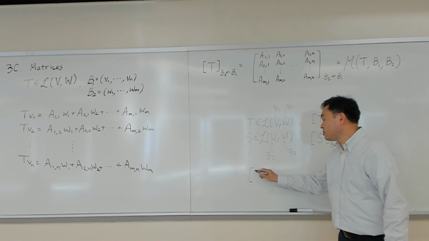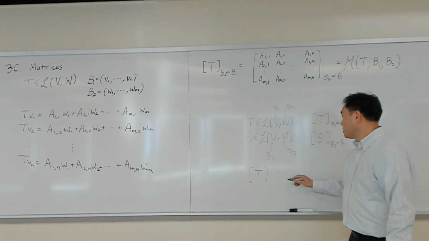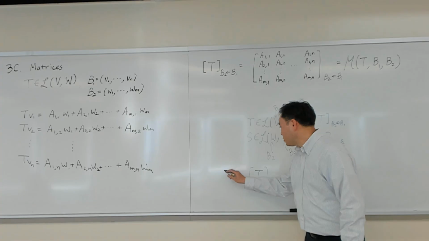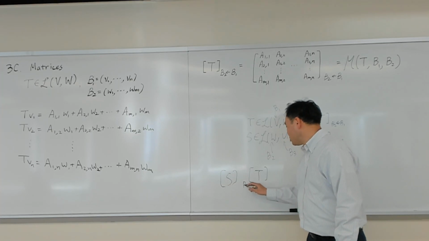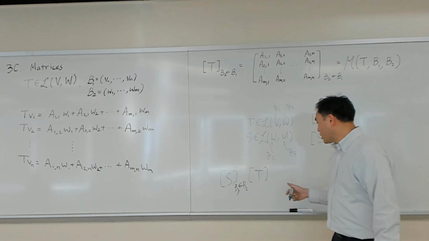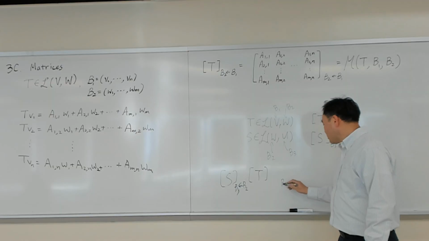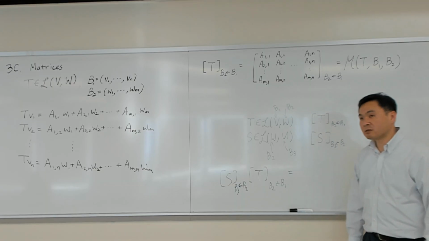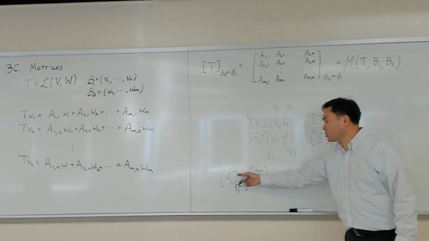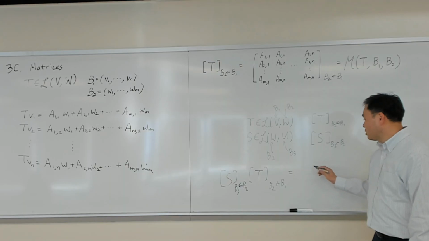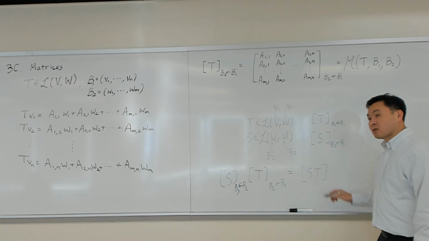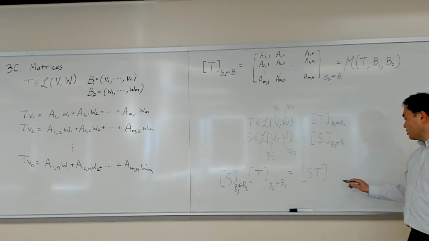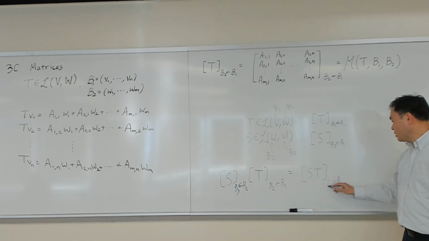If you take S, B2 to B3, and T going from B1 to B2, then the resulting matrix multiplication will be the same as computing the matrix for the composition of the two linear maps going from B1 to B3.